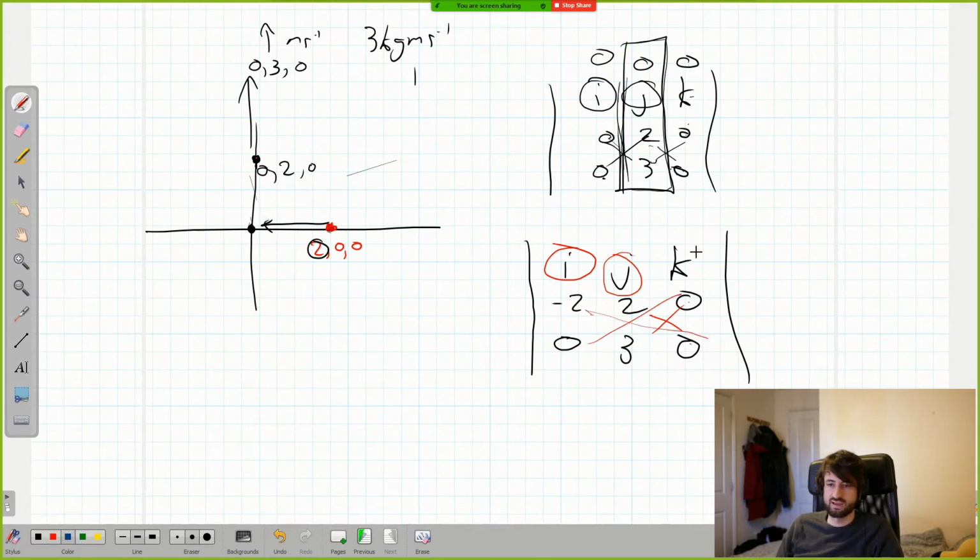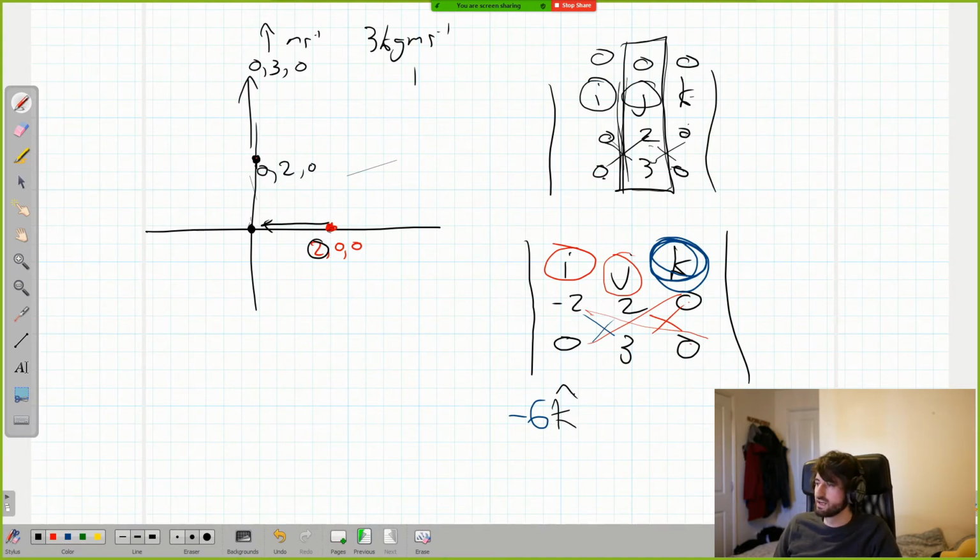But now we have k: minus 6 here, 0. So you can see we've got minus 6k, and that's going to be our angular momentum. So it's minus 6 in the k direction.